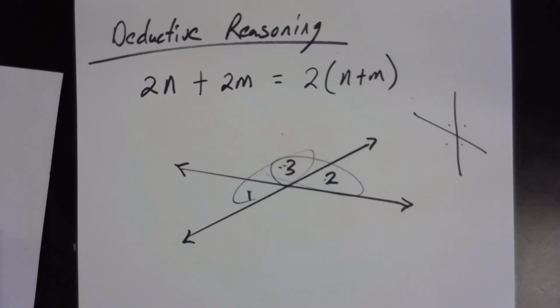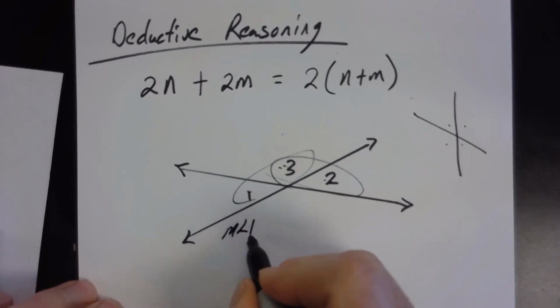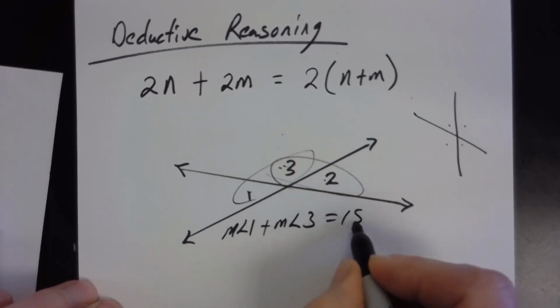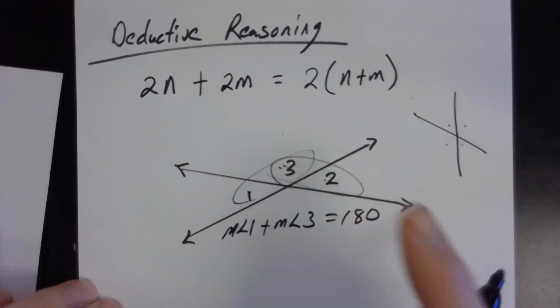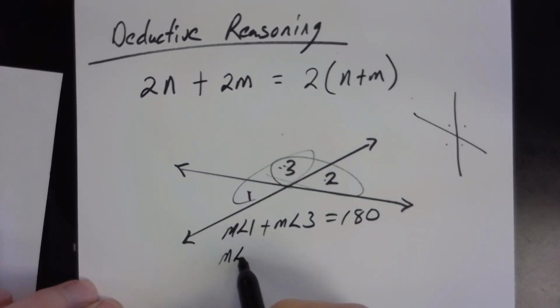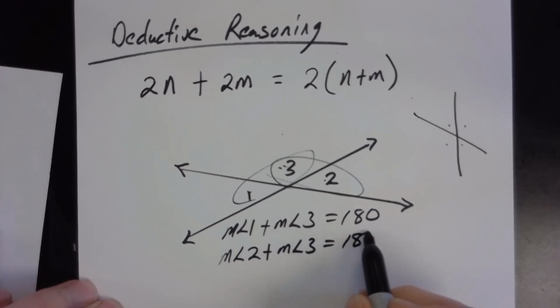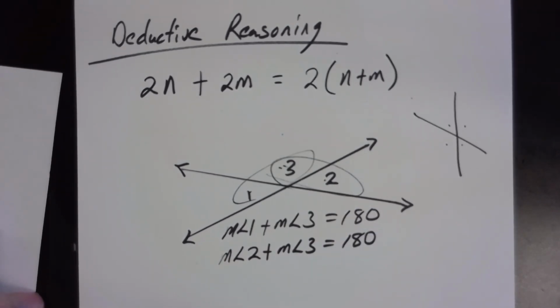So that is deductive reasoning. That's a logical argument that shows that it has to be true. I think if you guys remember, we said this. Since they're a linear pair, they're supplementary. Same reason. And then we said this.